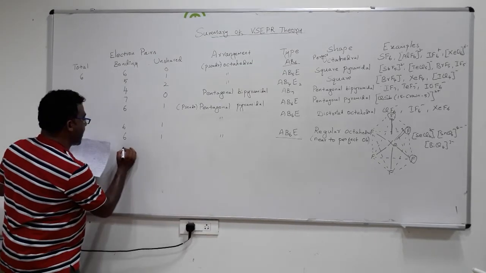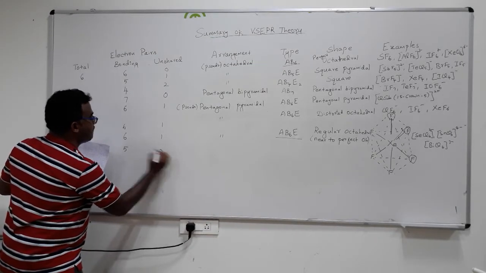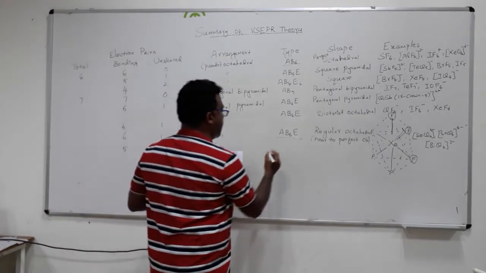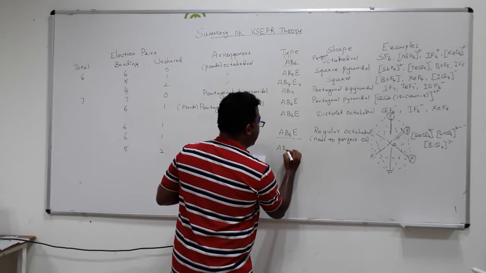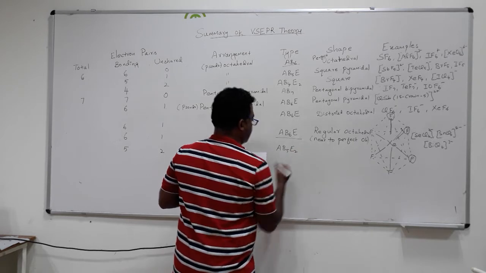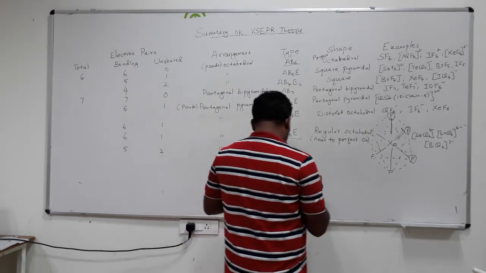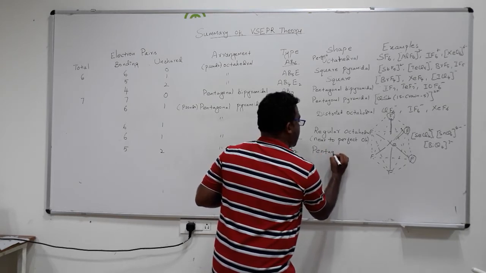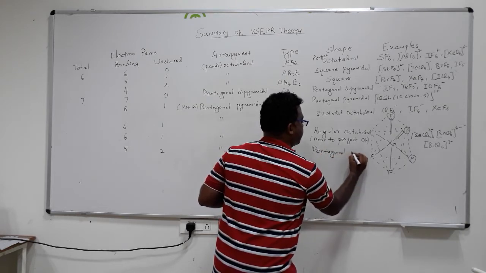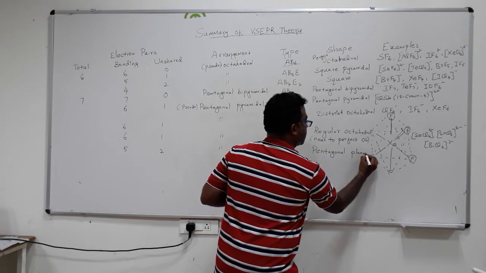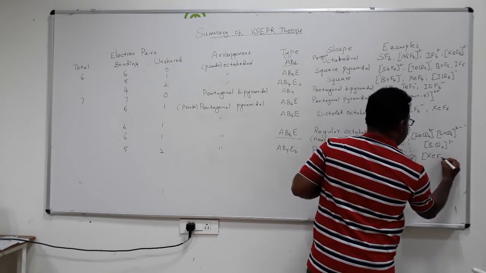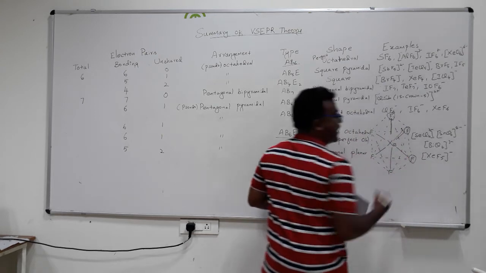Then you have 5 bonding electron pairs and 2 lone pairs, pseudo pentagonal bipyramidal, AB5E2. So it has 2 lone pairs, and the shape is pentagonal planar. An example for this one is XeF5 minus.